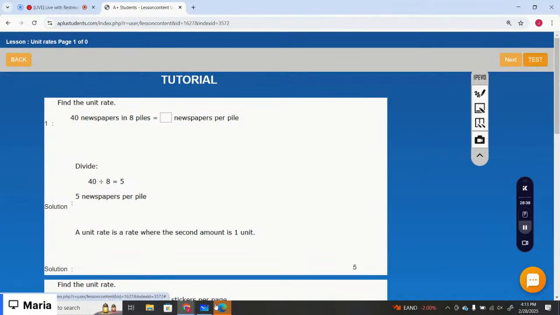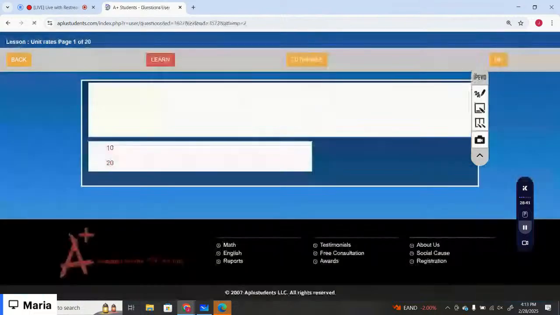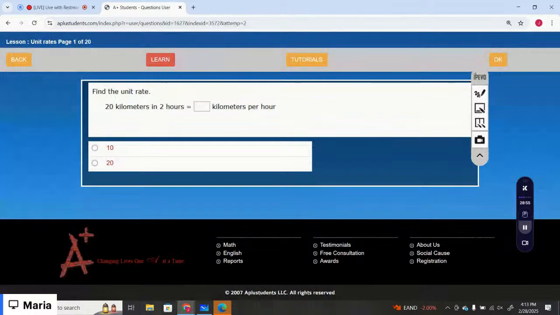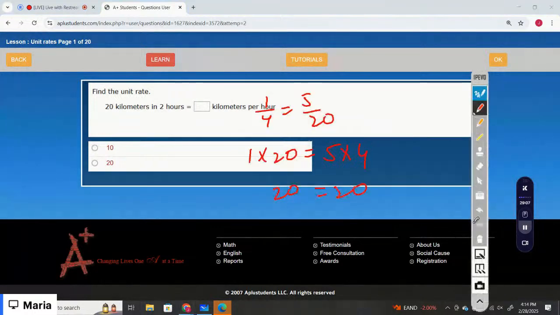Let's just start with the test questions. Find the unit rate. 20 kilometers in 2 hours. How many kilometers per hour? 20 divided by 2. You have to divide 20 by 2. Then you can have the kilometers per hour.